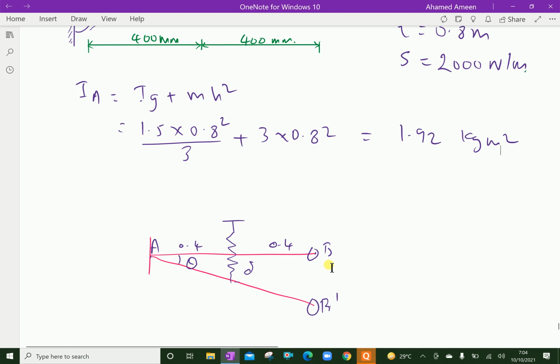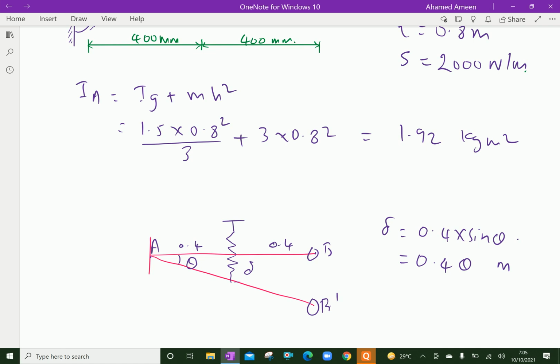From the geometry of the figure, the deflection delta equal 0.4 into sine theta. Here theta is very small, so sine theta is theta, therefore delta is 0.4 into theta meter.